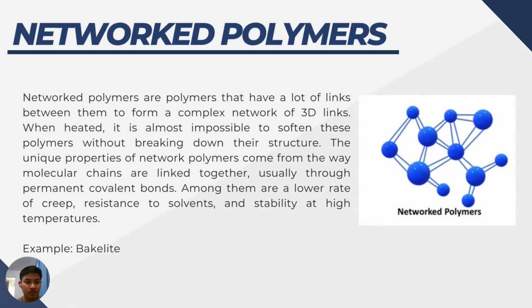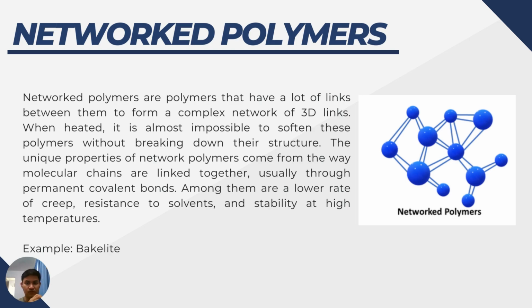And then we have network polymers. Network polymers are polymers that have a lot of links that form a complex network of 3D links. When these polymers are heated, it is almost impossible to make them softer without destroying their structures.